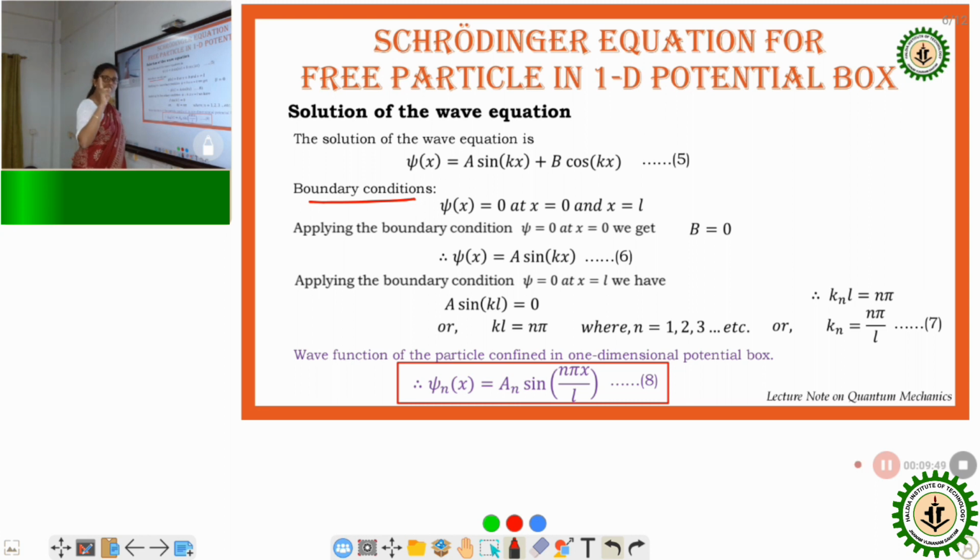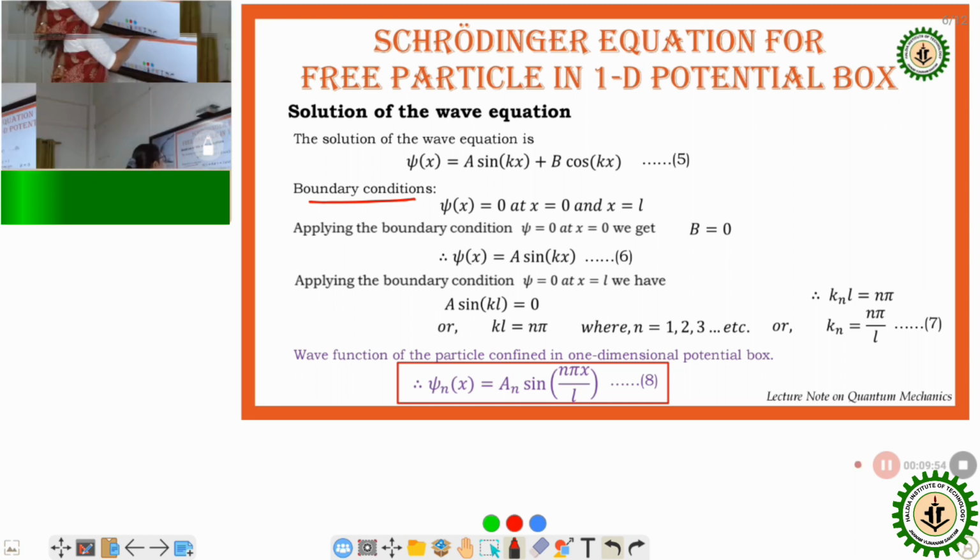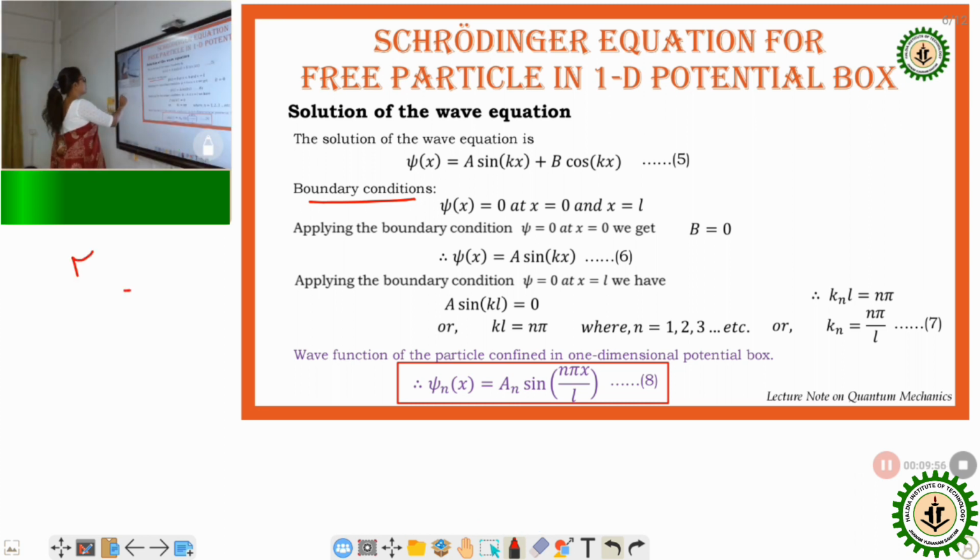Cos 0 will give you 1, so b into 1 means b equals 0.